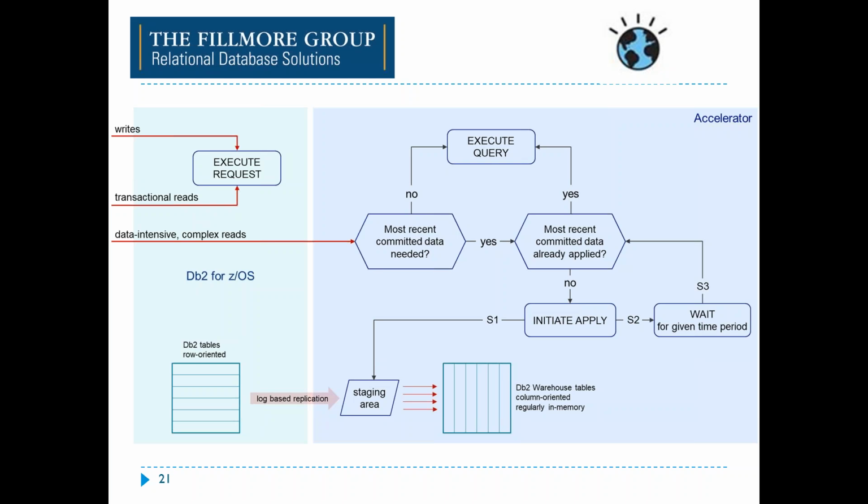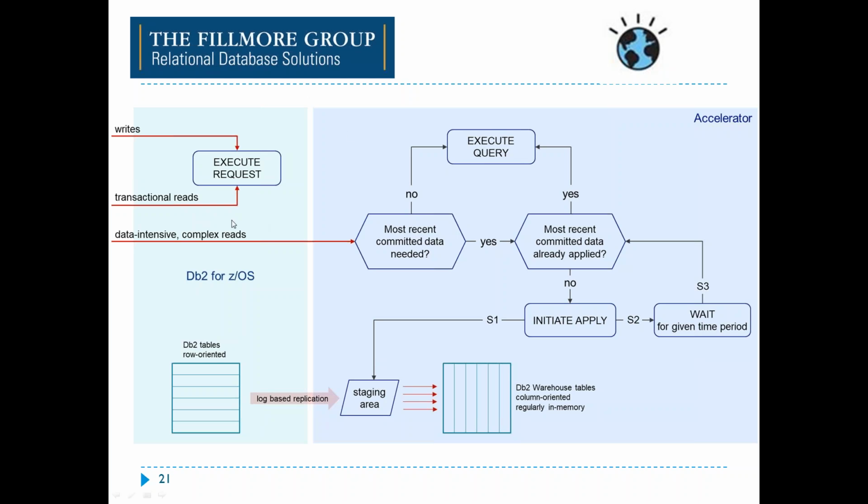Advantage number two is the integrated synchronization, which we're going to talk about a little bit later, to replace the ICDC, which is a much more efficient means of moving data over to the IDAA. The third is the HTAP processing, and that's what we're looking at right now.